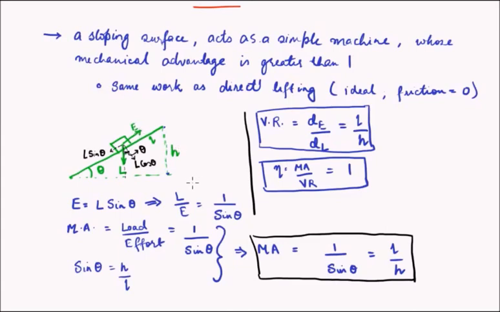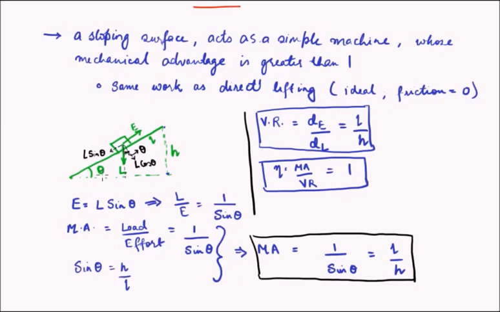As a result, since the effort will have to increase, the mechanical advantage will decrease. Then, to maintain the same effort to move the load, we have an alternative option to reduce the theta. By reducing the theta, we can keep the same E and move the block upwards.